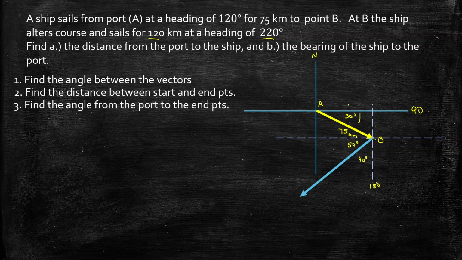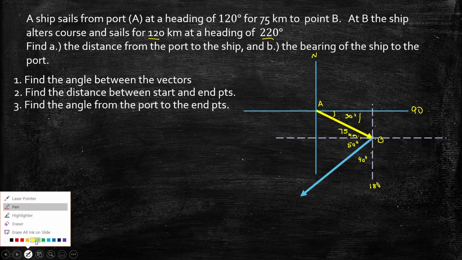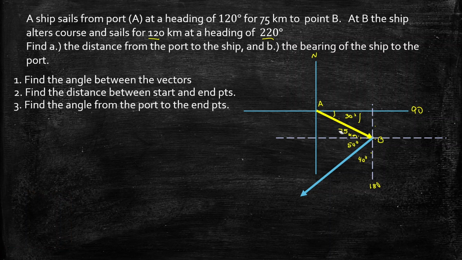Well, if this is 30 here, then this angle over here is also 30, because these are parallel, so they're alternate interior angles and equal to each other. I'm going to move this 75, it's kind of in my way. So the total angle between these two vectors, I don't have to calculate it, I've got it here, is 80 degrees.